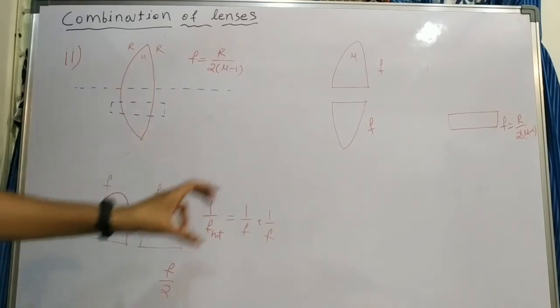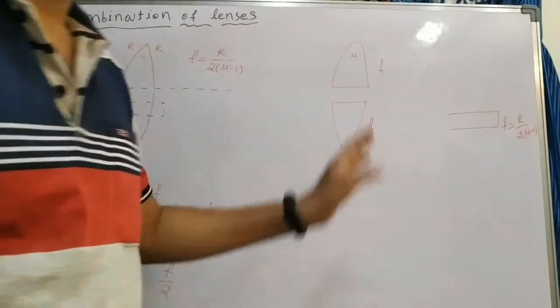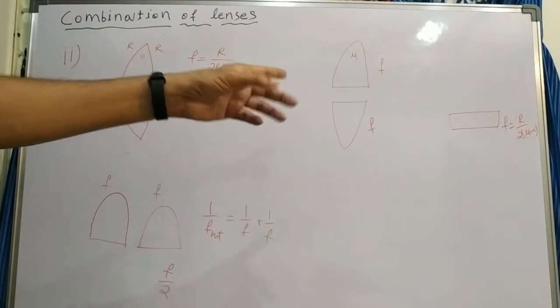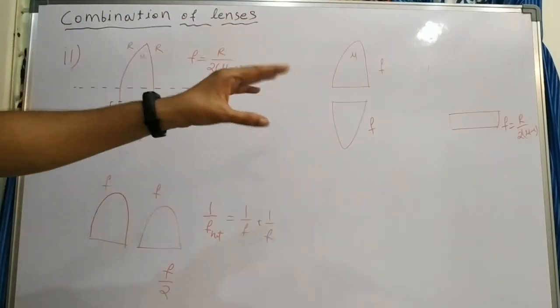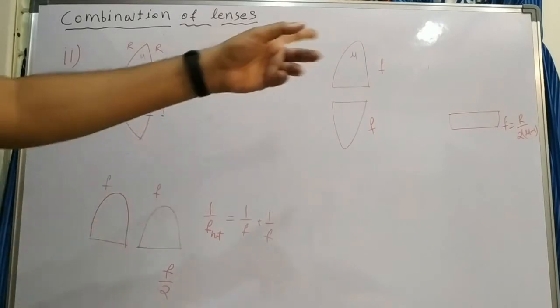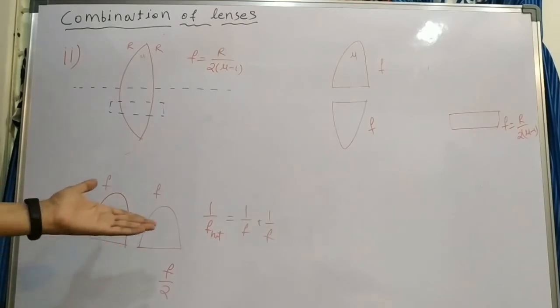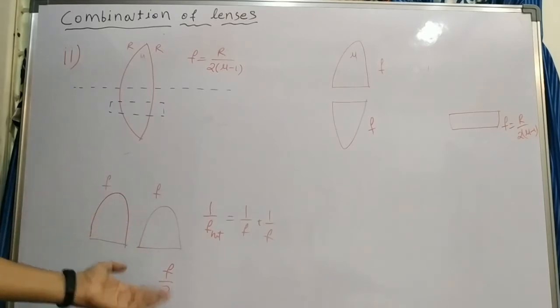But now only a small amount of light rays fall here, and that only converges. Of course, the converging point is not changing, focal length not changing, but the brightness changes because the number of rays converging decreases in the second case. And in this combination, of course, focal length changes, because two lenses you can think like a series combination of F and F. In series combination, we get F by 2 as the net focal length.